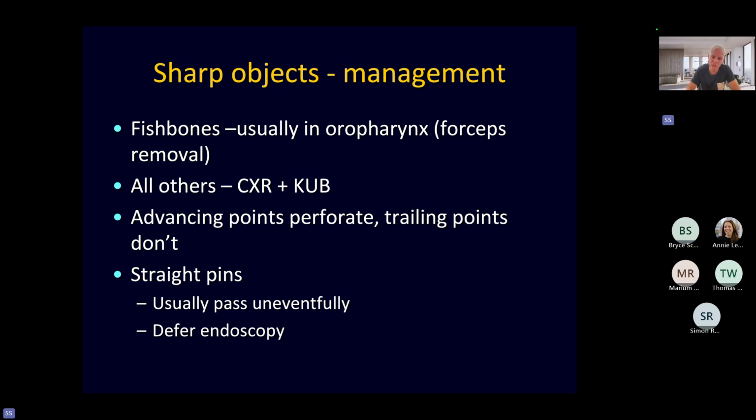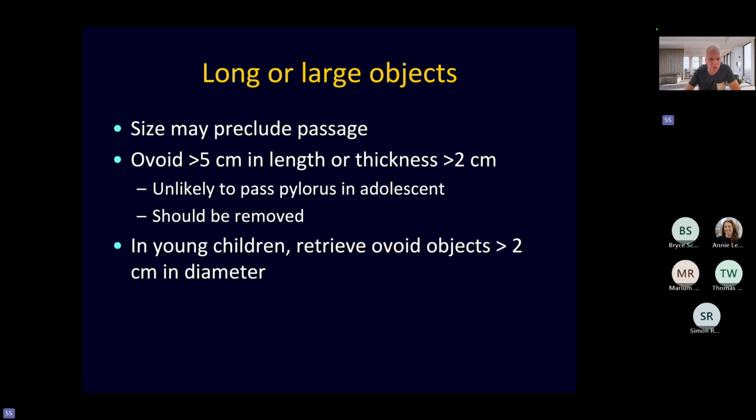And again, a straight pin does have a small head on it, and that's going to be the lead point. Where you run into problems is when you have a sewing needle, where there is really no specific leading head. And that is something that you may want to emergently remove, because size may preclude passage.